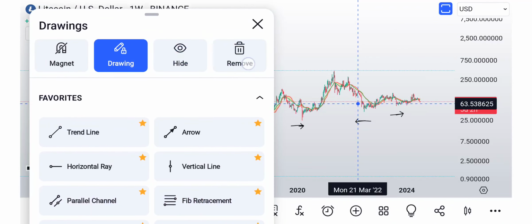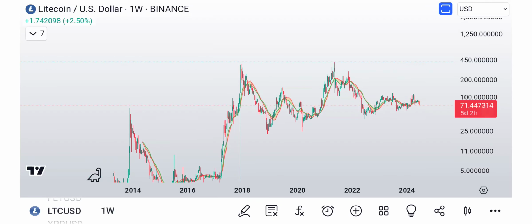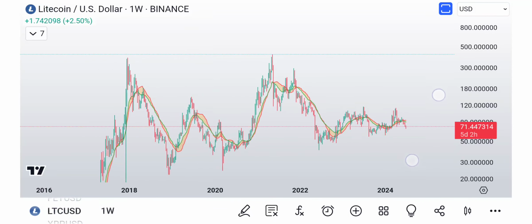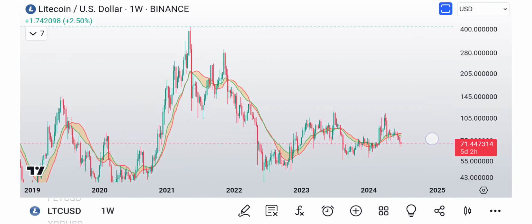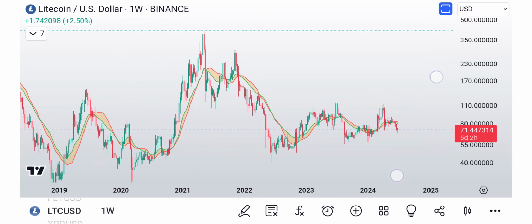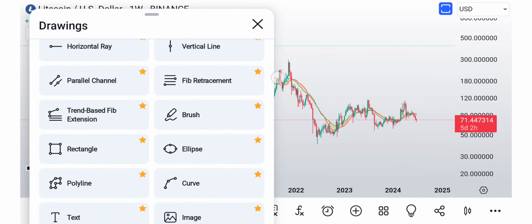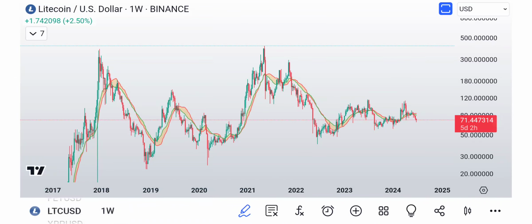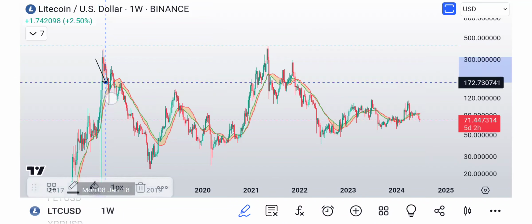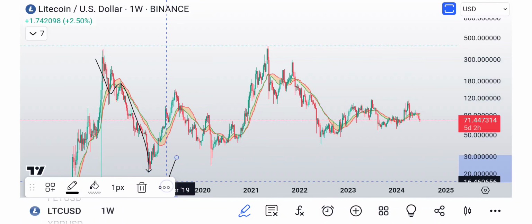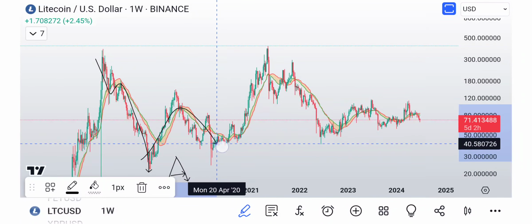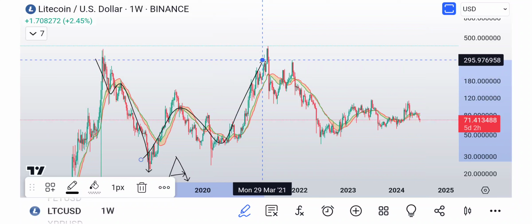So now that we established all that on the higher time frames, let's take a look here on the smaller time frames, and let's actually see what we got. So from an Elliott wave perspective, we have, this is an A wave, right? So that's wave A. We come up in a three-wave move.